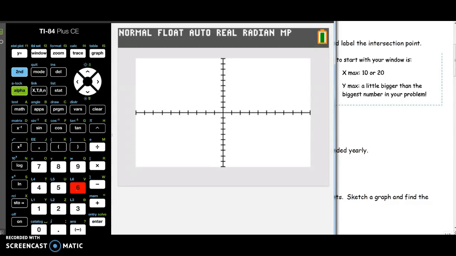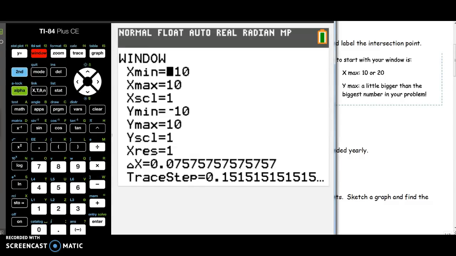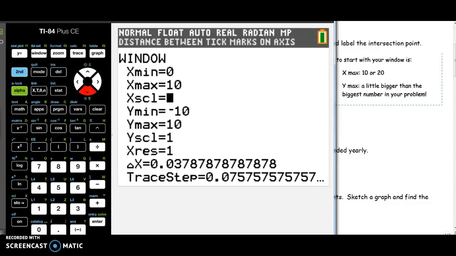Okay, so in order to do this, we have to set our window. So if you hit the window key, this changes what you see on your screen. Since we're talking about growth or decay, we're only going to be looking in the first quadrant. So our x min and our y min will be 0. So if you want to change those. Our x max, if you see right here, should be 10 or 20.